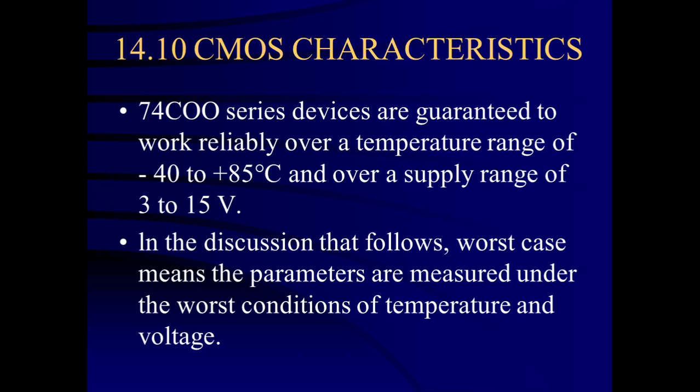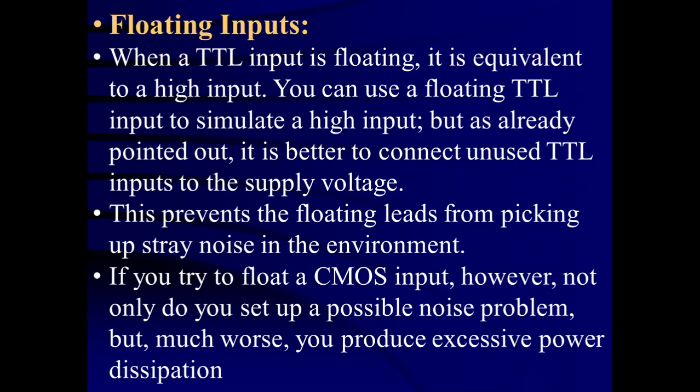Like TTL, the temperature may be maximum and voltage may be minimum, or temperature may be minimum and voltage may be maximum, and whatsoever conditions produce the worst value of the parameters, that is input current, input voltage and output voltage. Under the worst conditions, how reliably it is working, that we have to study here. So that is known as the CMOS characteristics.